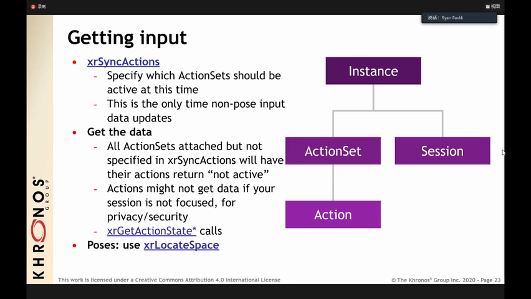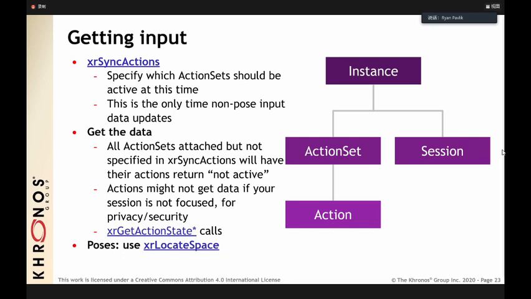Pose actions are a little bit different. They continue updating all the time, not just at XR sync actions time, because tracking is latency and time sensitive. To get the data from a pose action, you will usually just create an XR space for it, and then use XR locate space.